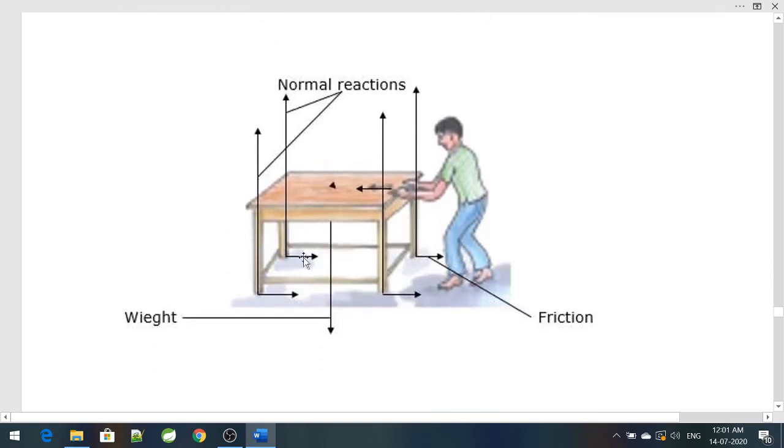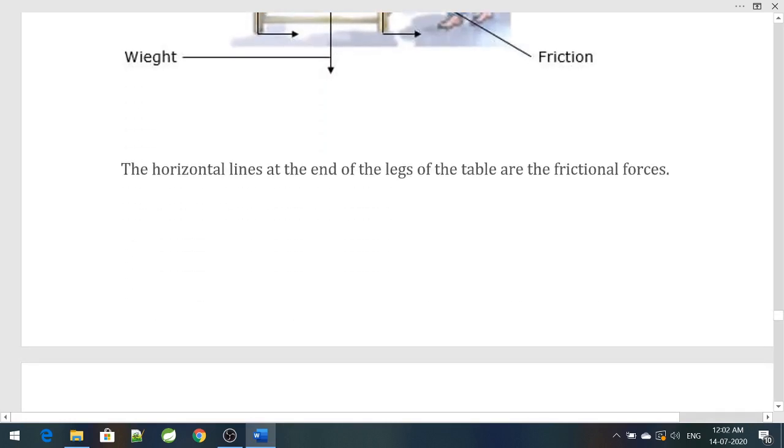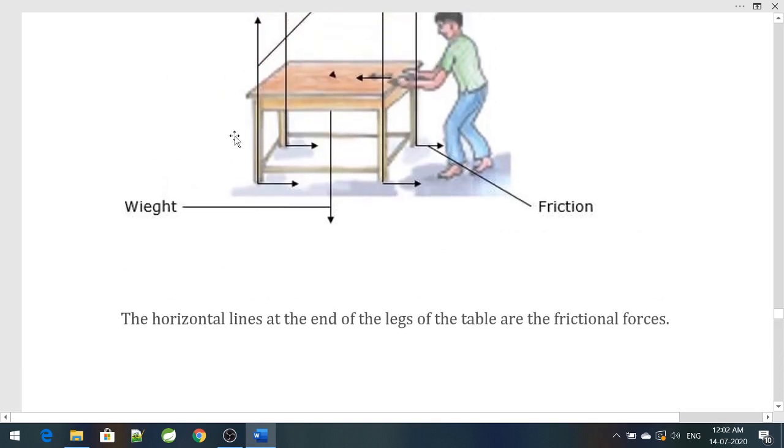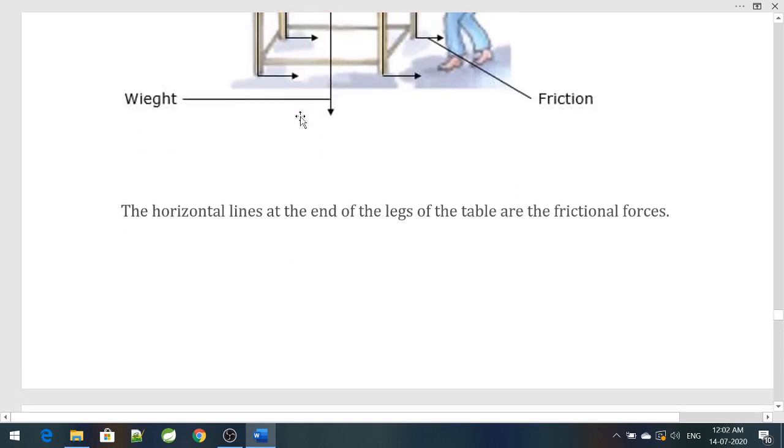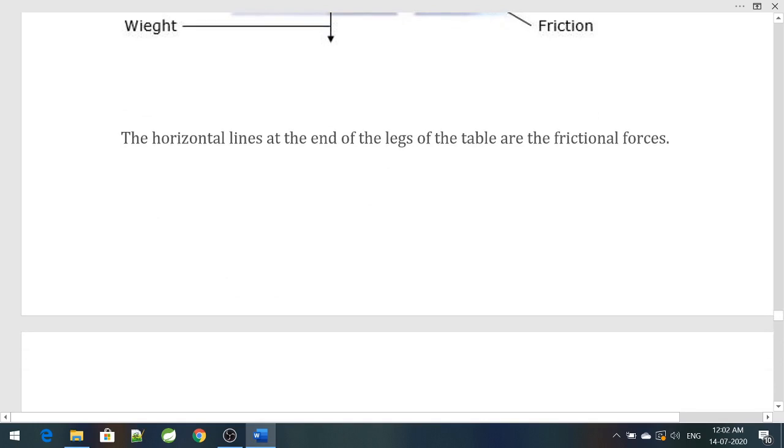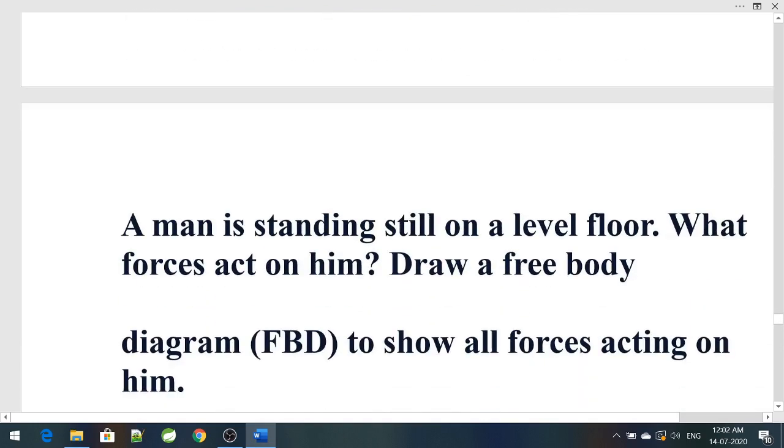So all the forces act on the four legs: the weight of the table, the normal reaction, and this is friction. The horizontal lines at the end of the legs of the table are frictional forces.